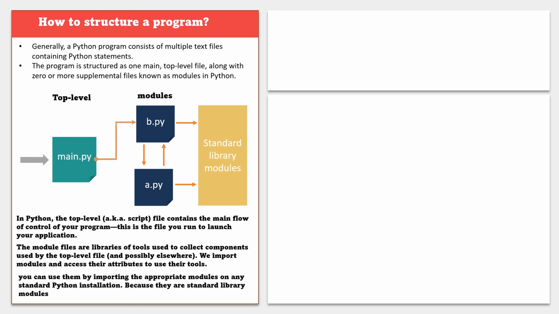Some examples: operating system interfaces, that is the os module, object persistence, text pattern matching, network and internet scripting, graphical user interface construction, and much more. These modules help us do a lot of tasks and improve the potential of our Python programs.